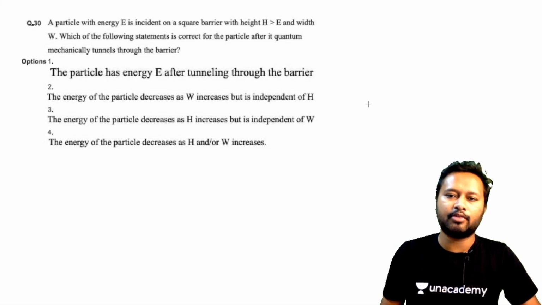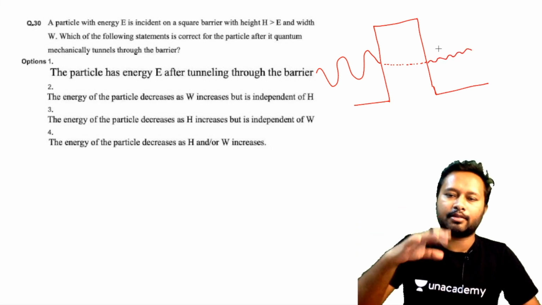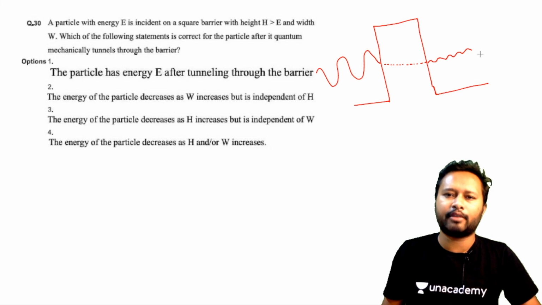So basically you have to go through the square barrier concept. If you have a square barrier and your particle is a wave like this, exponential decay happens in its curve, and after the barrier you get the particle with a smaller amplitude.